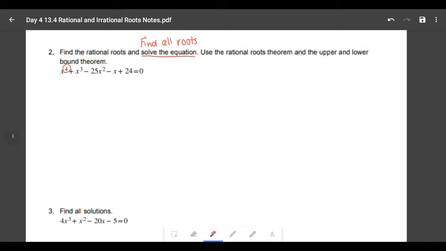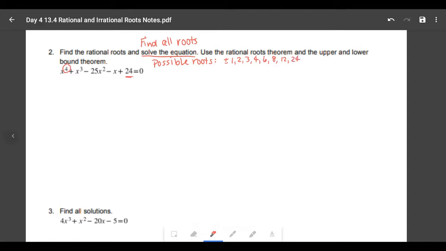All right, so we're going to try this out. Let's try first doing p's over q's. What are all my possible roots? I need to look at all the factors of 24. This one has a lot of factors. We have 1 times 24, 2 times 12, 3 times 8, 4 times 6.